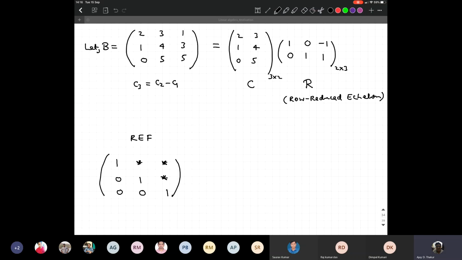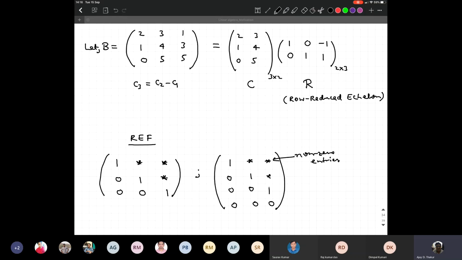So this would be a typical row echelon form. The other version of row echelon form could be a 1, 1, 1, 0, 0, 0. You could have more members here, right? Everything below this diagonal, wherever you look, all of them have to be 0, and above that you can have non-zero entries.